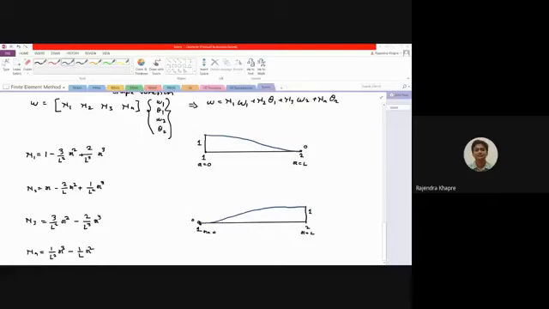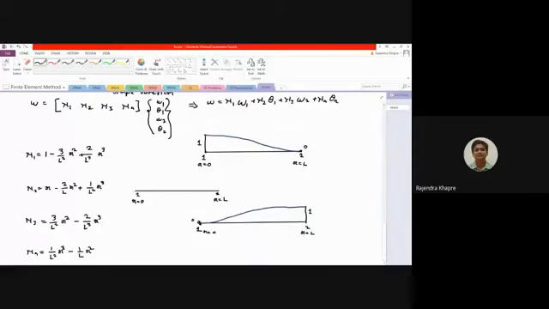Now let us quickly see the variation of n2 and n4. I plot the same kind of figure over here. I will call this node number 1, this node number 2. Here the value of x will be 0, and here the value of x will be L. Now what will happen if I substitute the value of x as 0 in the n2 expression?